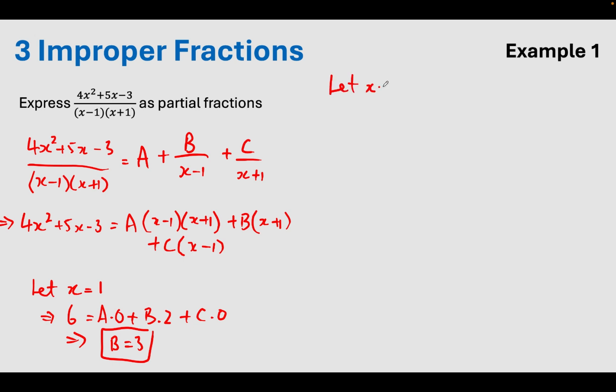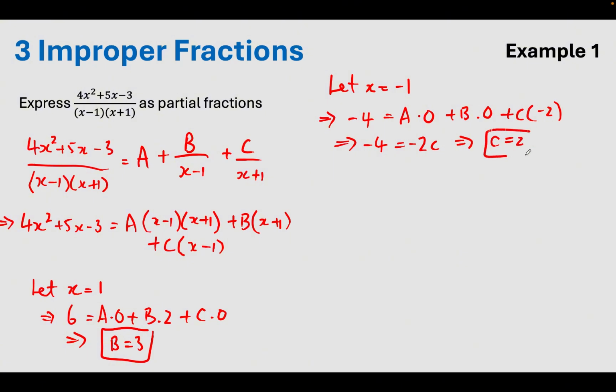So if I let x equal negative 1, then I get 4 minus 5 minus 1 minus 3. So minus 4 equals a times 0 plus b times 0 plus c times negative 2. So I get minus 4 equals minus 2c, which means c is 2.